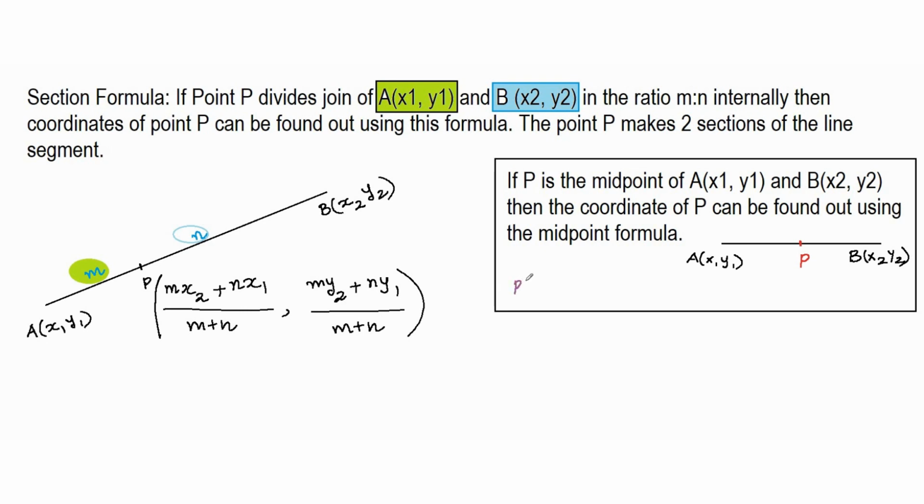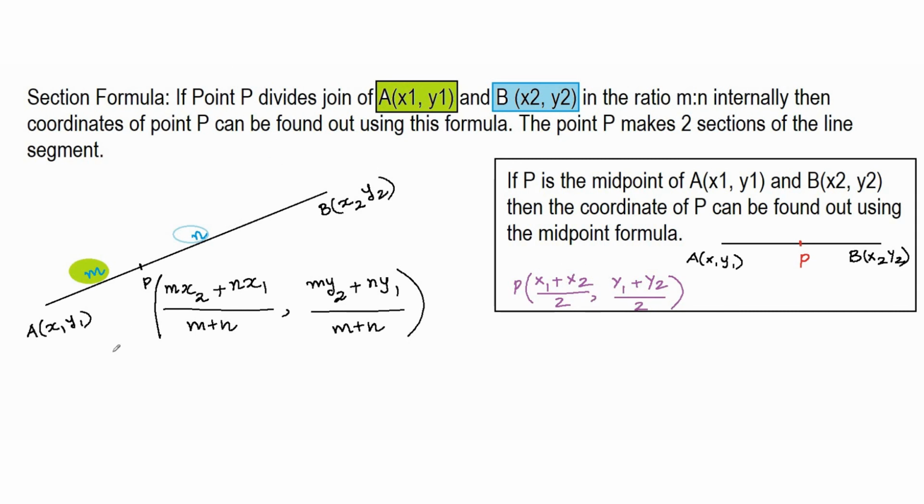So x coordinate of P is basically the average of the two x coordinates, that is x1 plus x2 by 2. And the y coordinate of P is also going to be the average of the two y coordinates, that is y1 plus y2 by 2. So the midpoint formula helps us find the coordinates of the midpoint.